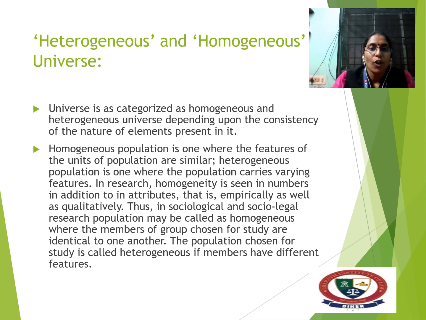In research, homogeneity is seen in numbers in addition to attributes, that is, empirically as well as qualitatively. Thus, in sociological and socio-legal research, populations may be called homogeneous where the members of the group chosen for study are identical to one another. The population chosen for study is called heterogeneous if the members have different features.